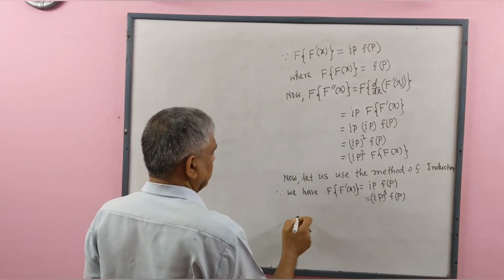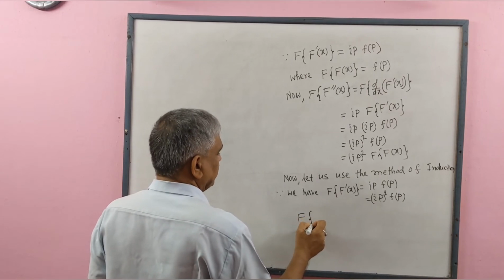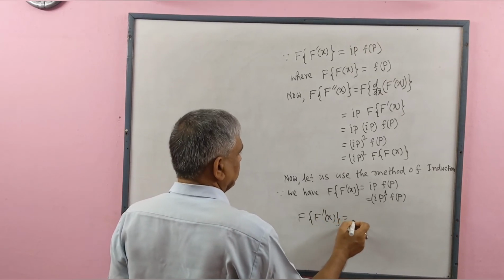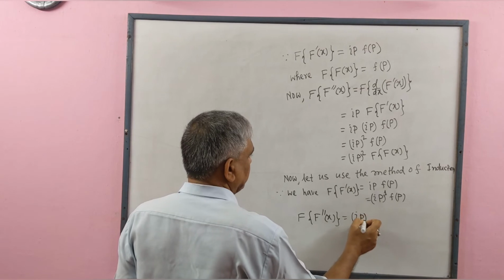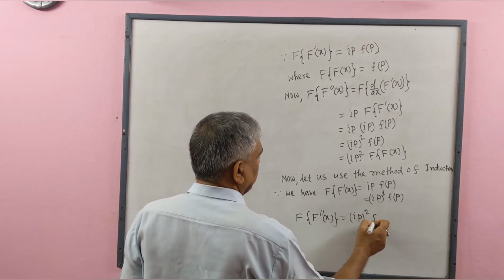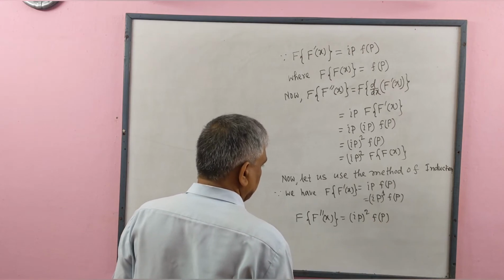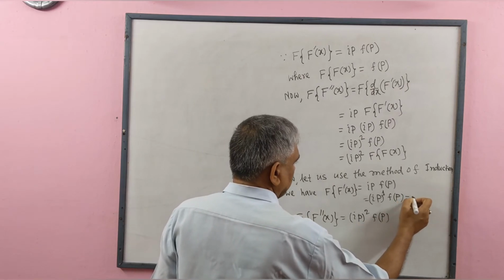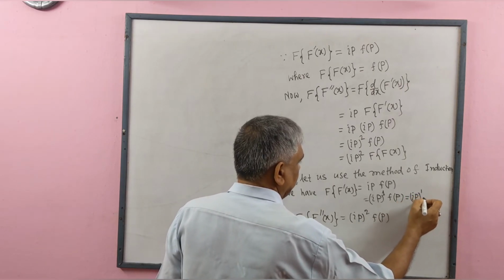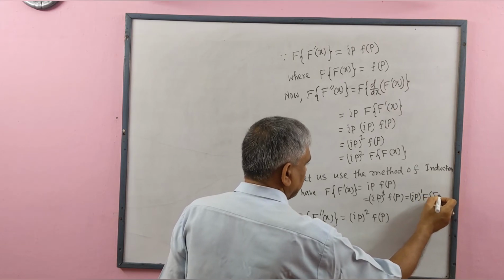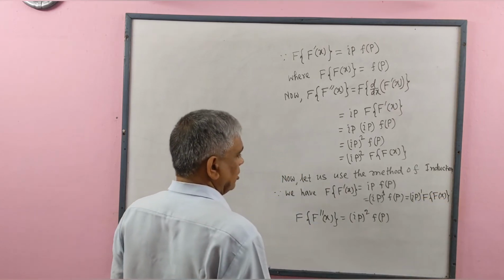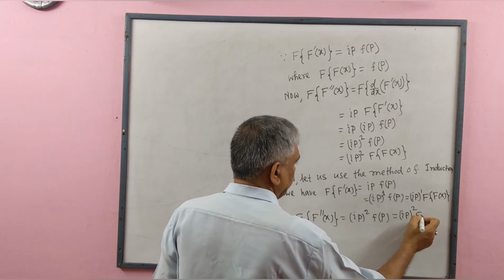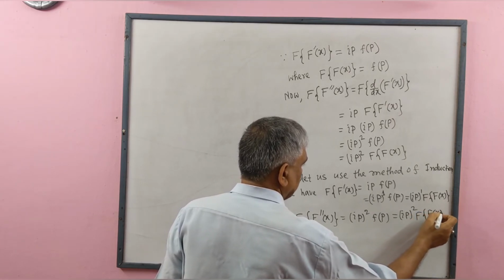Also we have seen that the Fourier transformation of f double dash x equals ip power 2 F(p). That means ip power 1 times the Fourier transformation of f(x), and this means ip power 2 times the Fourier transformation of f(x).